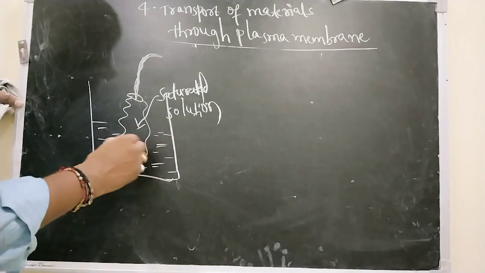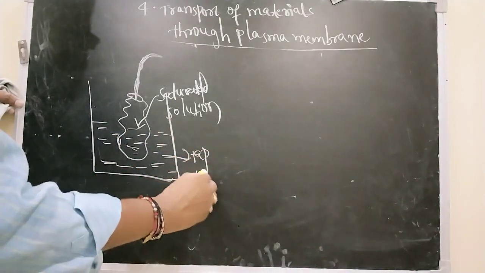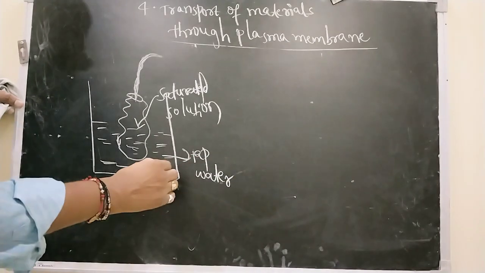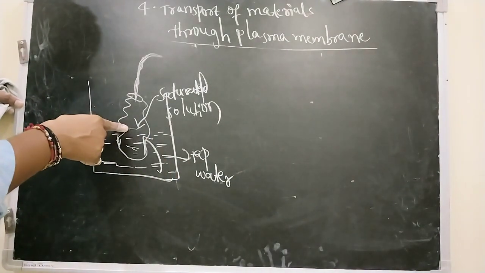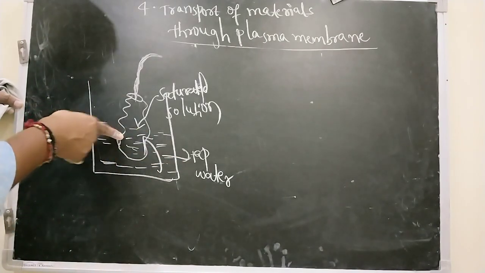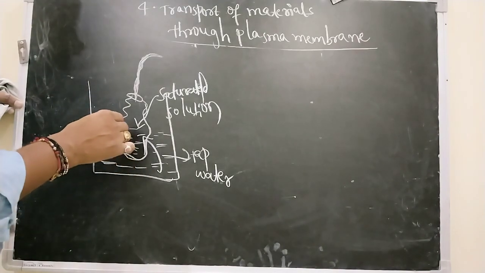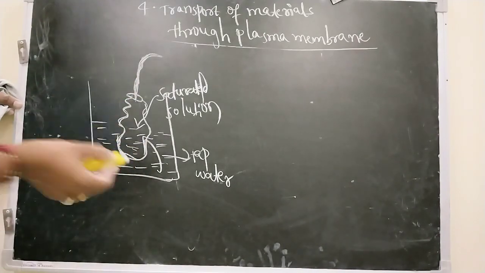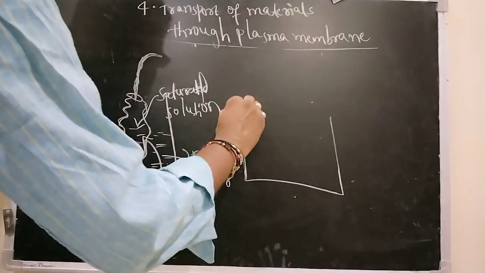After a few hours, we observe that water moves from the beaker into the egg membrane. So here the egg membrane acts as a semi-permeable membrane. So we can also prepare a semi-permeable membrane, and we can also perform the reverse activity.